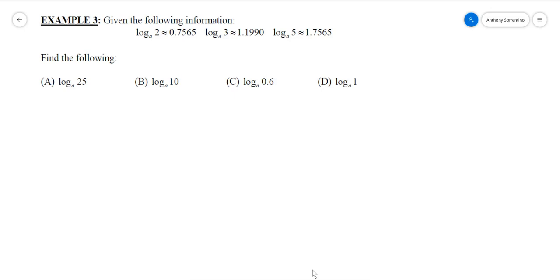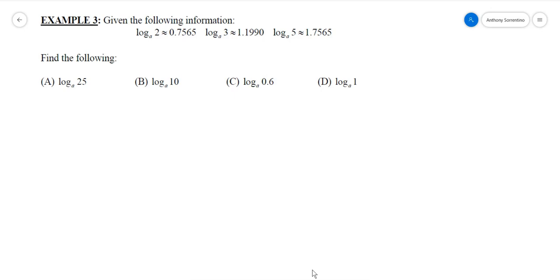So for instance, here you're given that the log base a of 2 equals 0.7565. The log base a of 3 is 1.1990. And you're told that the log base a of 5 is 1.7565. You're asked to find the following. And it should actually say here without use of the calculator. Basically, you really shouldn't be able to do that with the calculator anyway, because you don't know what a is, so you can't even put that in.